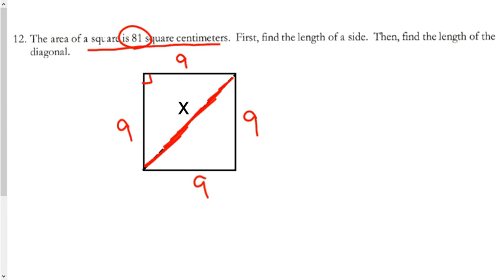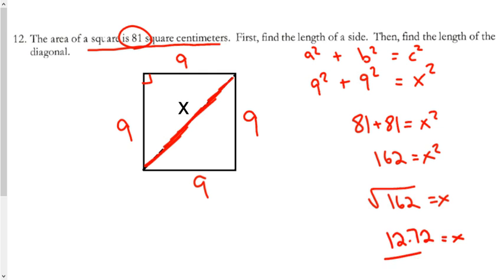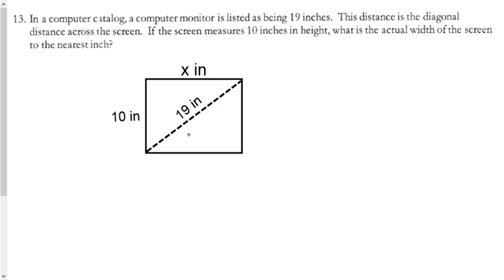So the 9s are the legs and the x is the hypotenuse. So 12.7, 12.72 again, depending how you rounded.